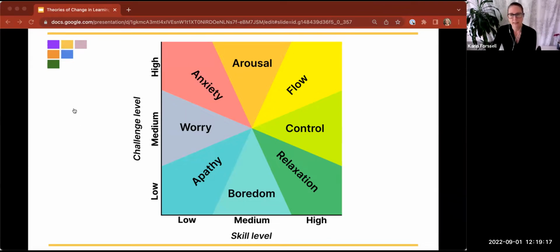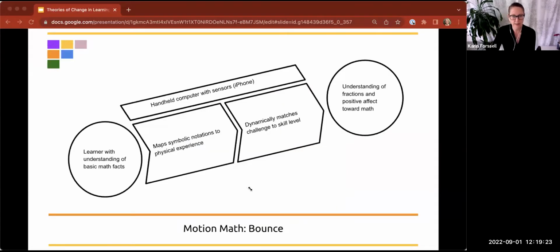So if we're going to simplify this in a very easy representation, we've got this little diagram. So we have a learner on the left with understanding of basic math facts. We want them to understand fractions and have a positive affect towards math.